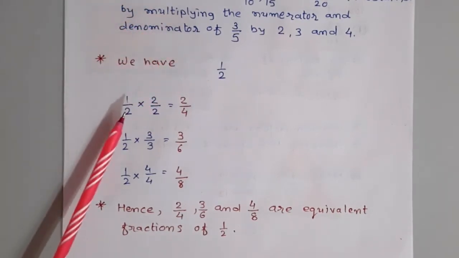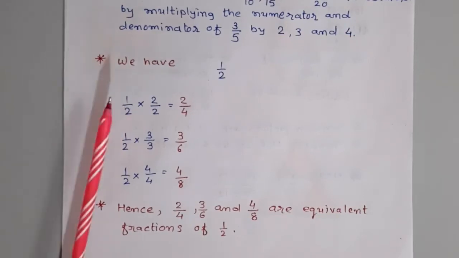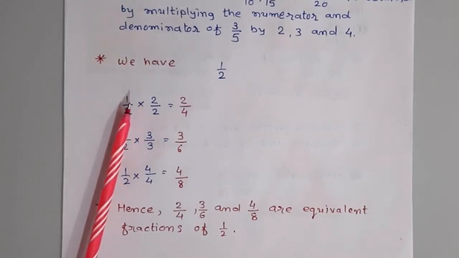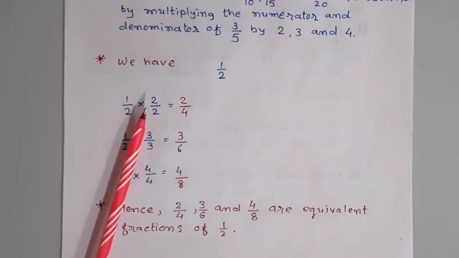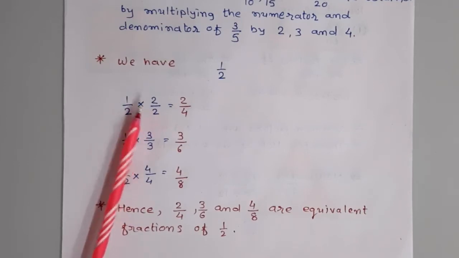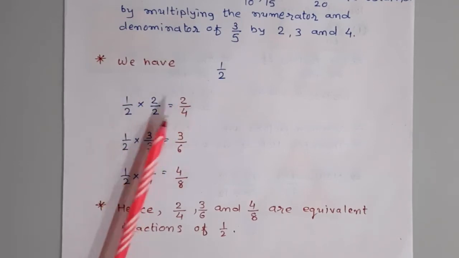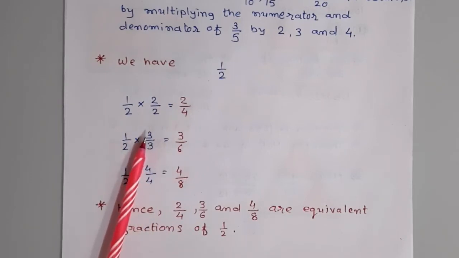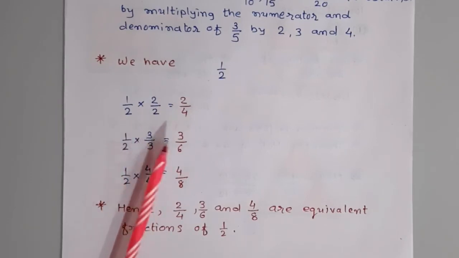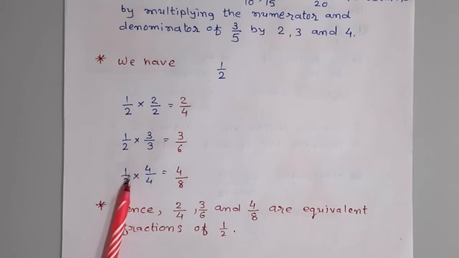Multiply this fraction's numerator and denominator by 2 and 2: 1 2s are 2, 2 2s are 4. In the same way, if we multiply by 3 and 3, then 1 3s are 3, 2 3s are 6, and if we multiply by 4 and 4, 1 4s are 4, 2 4s are 8. Hence 2 upon 4, 3 upon 6 and 4 upon 8 are equivalent fractions of 1 upon 2.